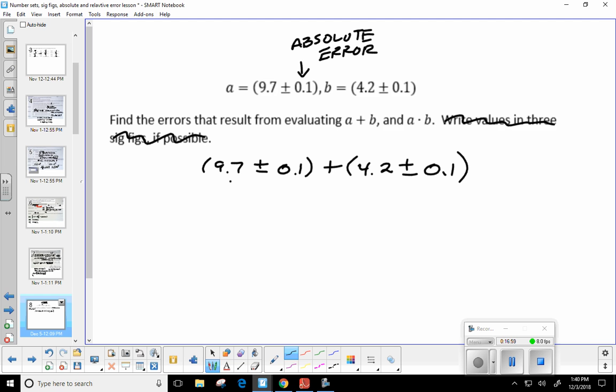Okay, so the actual values, you just go ahead and perform the operation with them. So that would be 13.9. Then we add the absolute error. So 0.1 plus 0.1, 0.2. Now, it doesn't say to go ahead and do this, but what if I wanted to subtract the two?